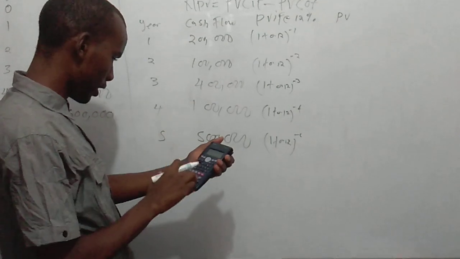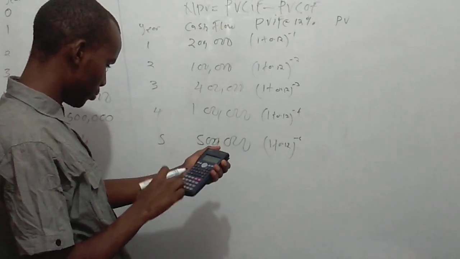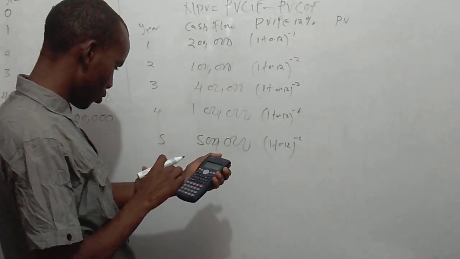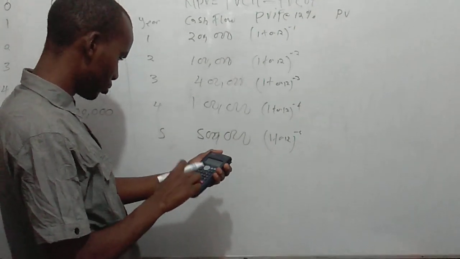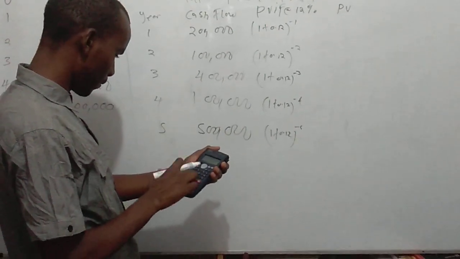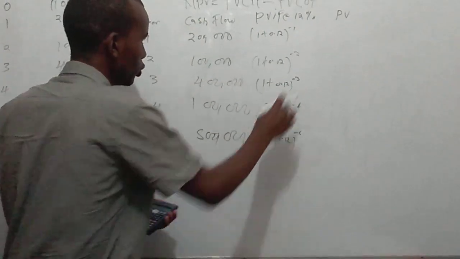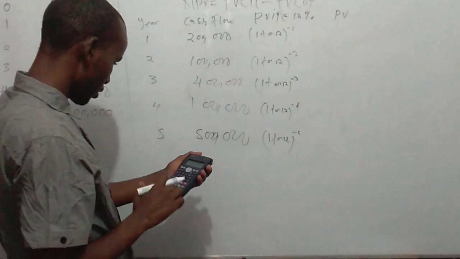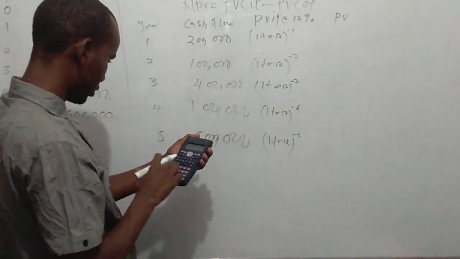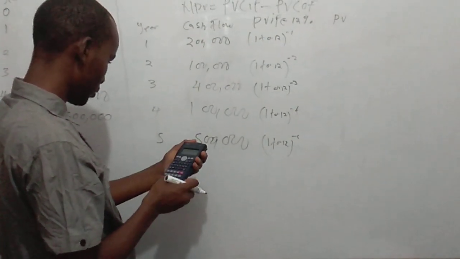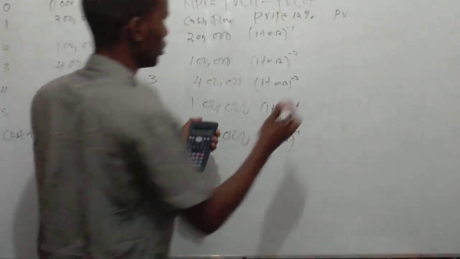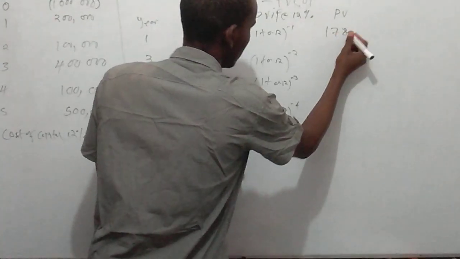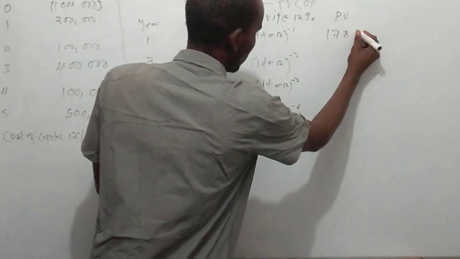If I take 1 plus 0.12, remember it is 1.12, so we raise 1.12 to negative 1. Then I multiply with 200,000. I'm getting 178,571.